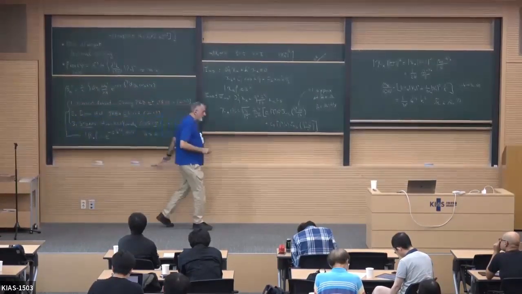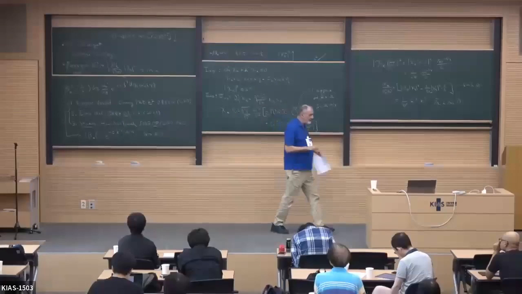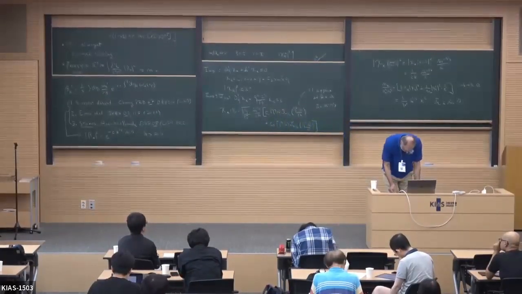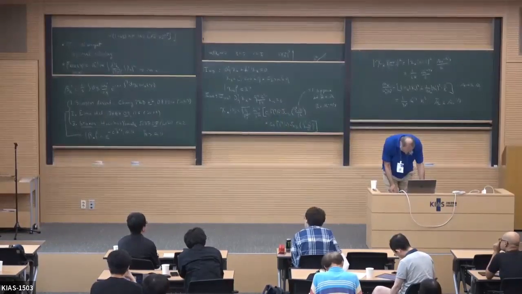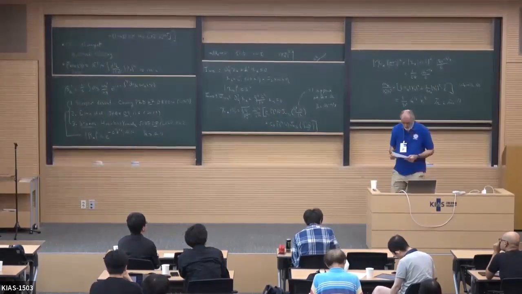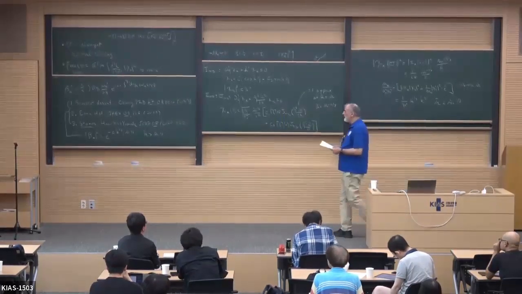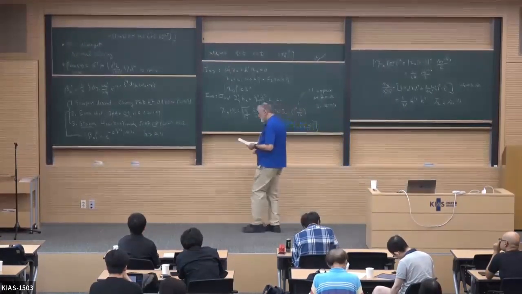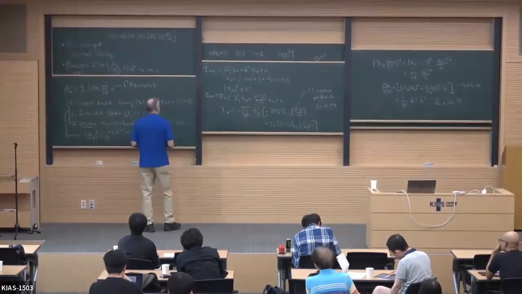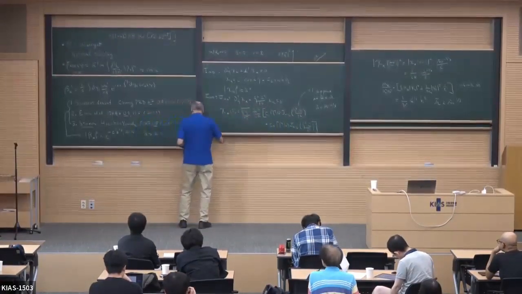So you can think of the rapidly varying part as there is a condensate of inflaton particles that are oscillating.